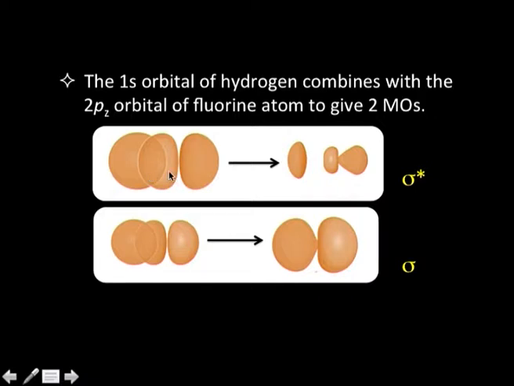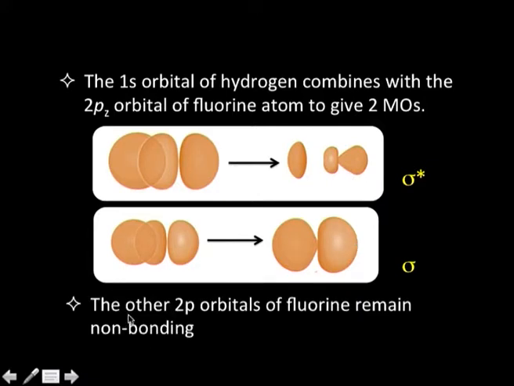In this case you will get an anti-bonding molecular orbital. So, 1s of hydrogen and 2pz of fluorine combine together to give you two molecular orbitals. And the other 2p orbitals of fluorine, that is the px and py, will stay as non-bonding, because they are not going to interact with the 1s orbital of hydrogen atom.